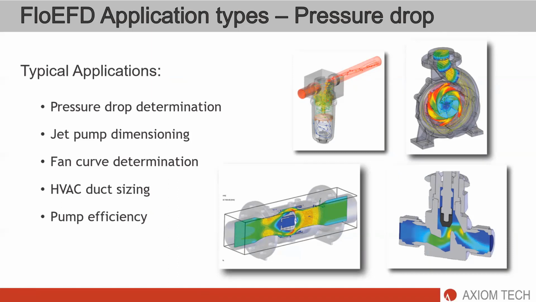It's used for device flow coefficient determination, extrusion process optimization, jet pump dimensioning, filter efficiency, pump efficiency, fan curve determination, HVAC ducting sizing and placement, and a lot of other uses.